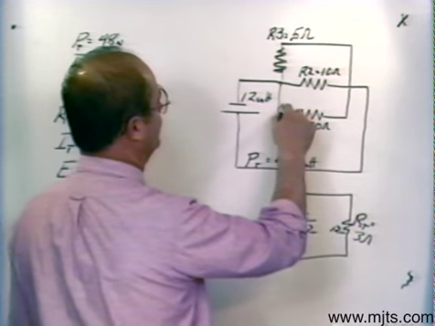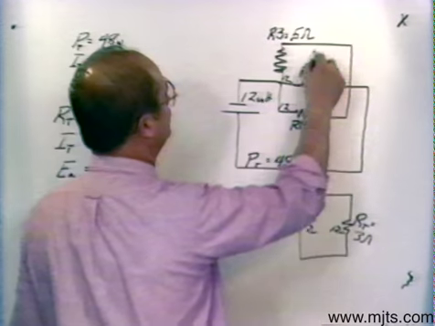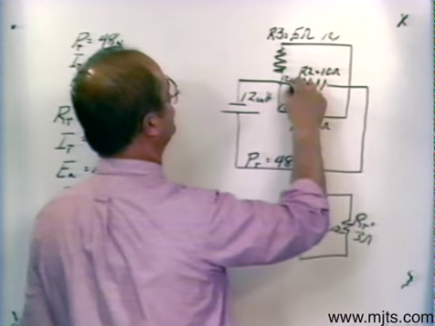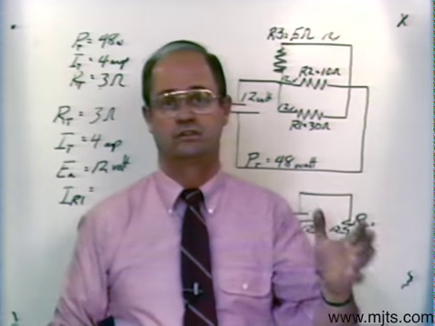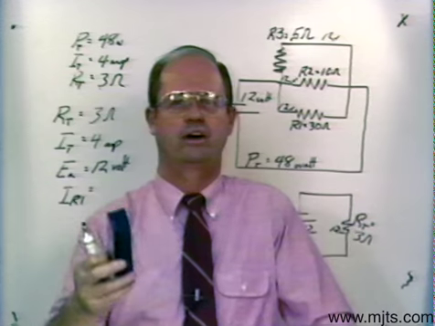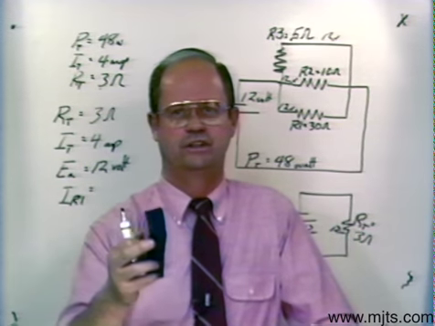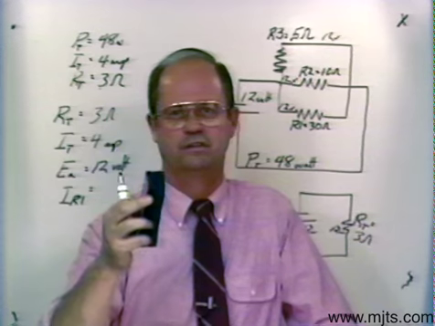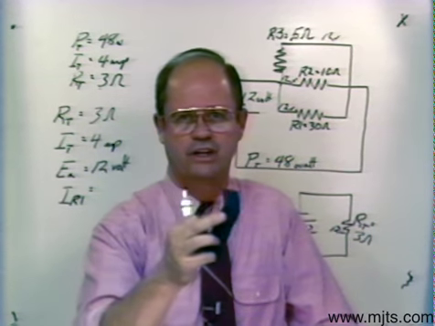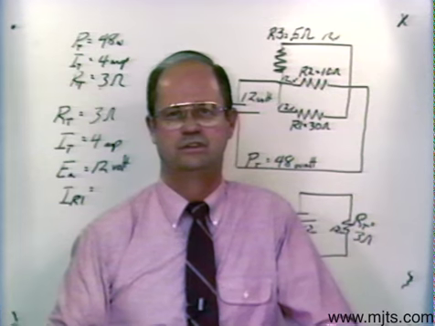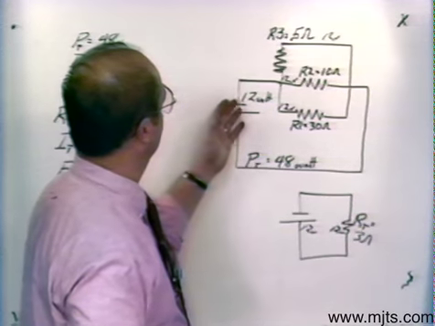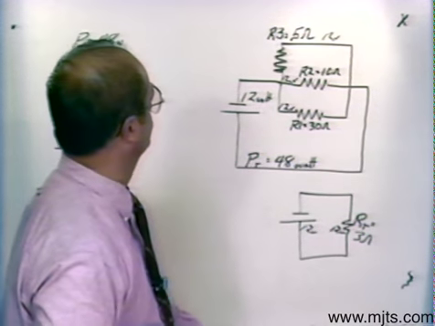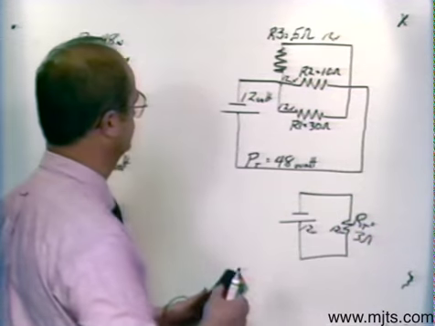That means we would have 12 volt across every one of those resistors, because we know that in a parallel circuit the voltage drop is the same for all resistors. So my total voltage and the voltage across each of those resistors is the same.